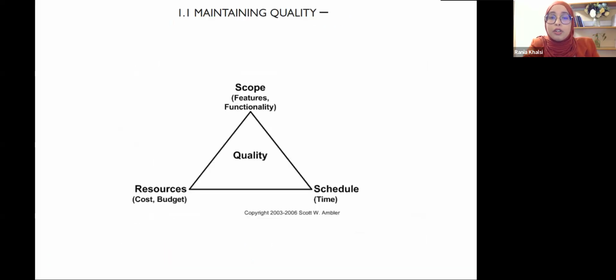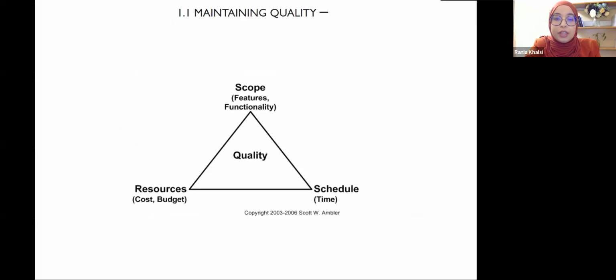And in general, for any project management, we have to define the scope, which is very important and mainly related to the requirements. We also need to define the resources, which are mainly related to budget and cost.